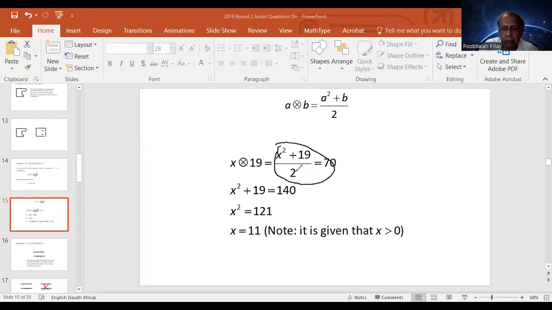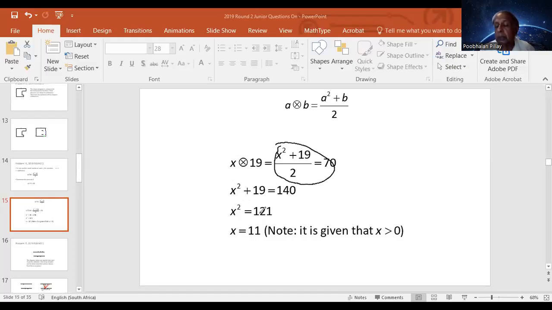How do you solve? You multiply by 2 on both sides to get rid of the fractions. You get x squared plus 19 is 140. And then you bring all the x to one side, and you got x squared is equal to 140 minus 19, which becomes 121. The square of x is 121. So x is 11, or minus 11.